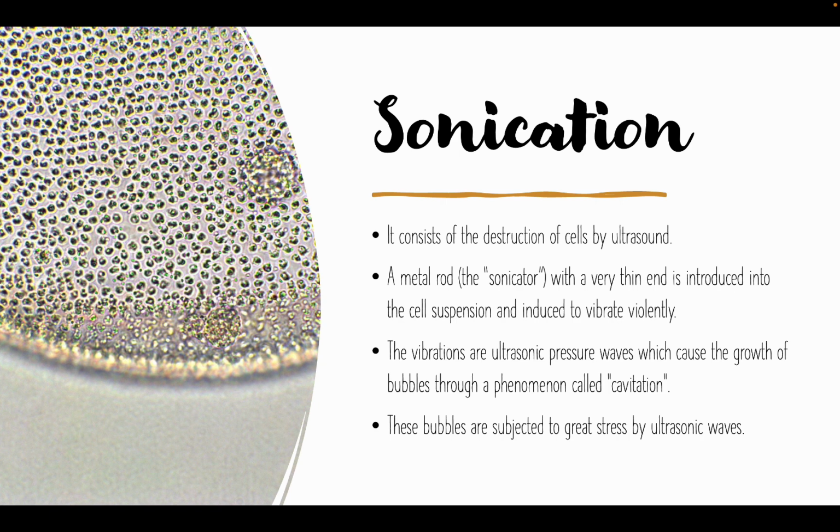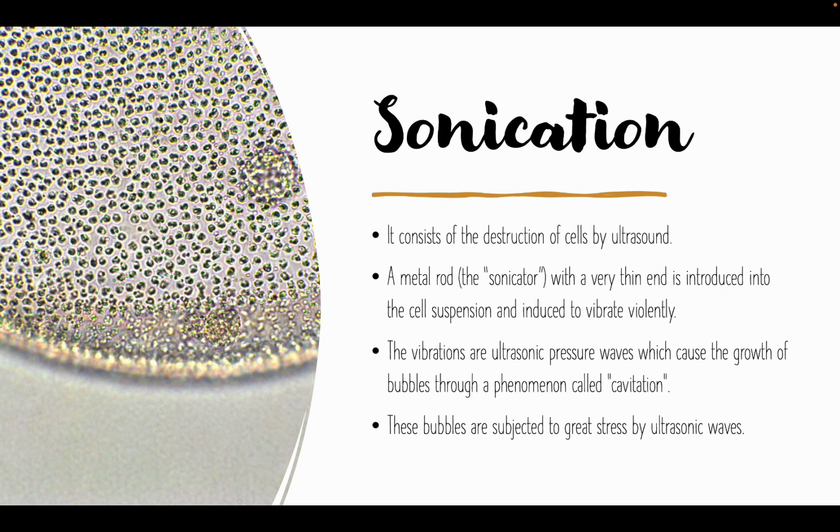With ultrasound, we use a thin metal rod, called the sonicator, that goes into a cell mixture. This rod vibrates very vigorously. The vibrations create super strong sound waves that make tiny bubbles grow in a process called cavitation.